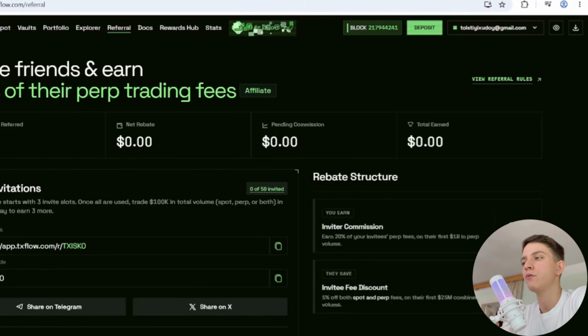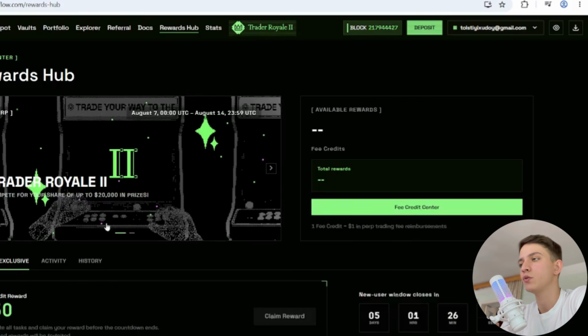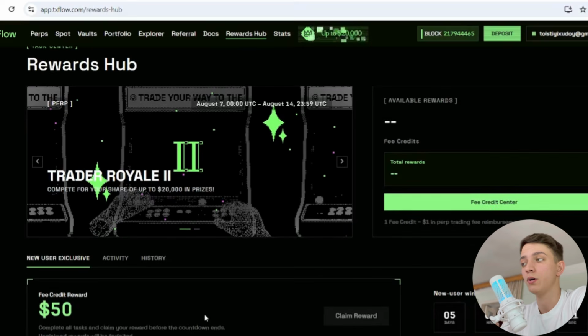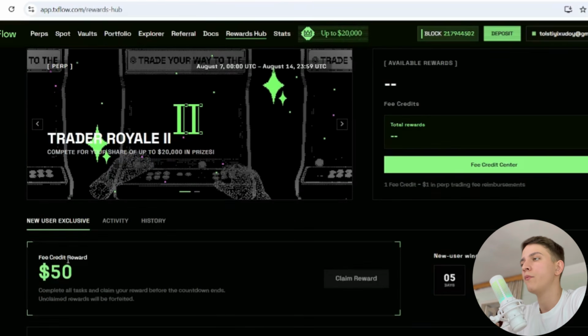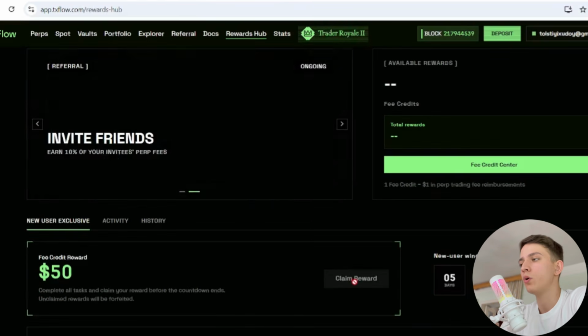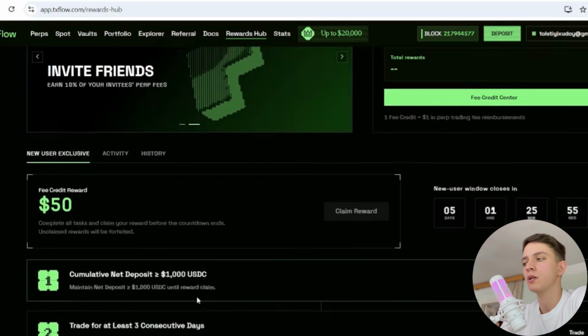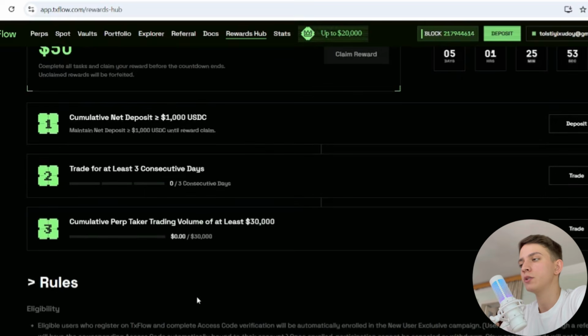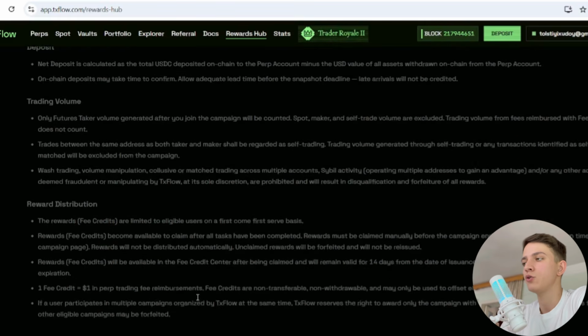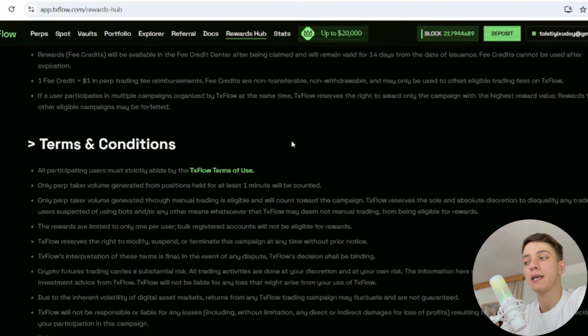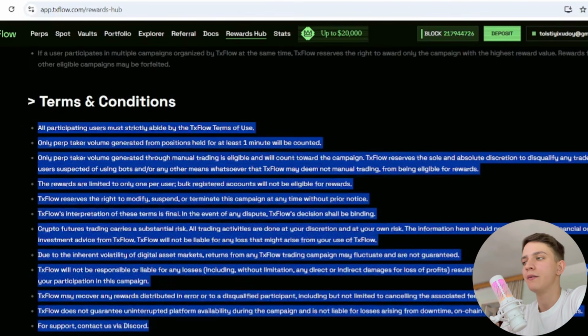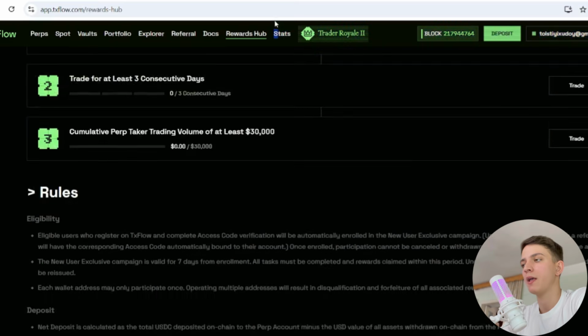TxFlow automatically creates a blockchain address tied to your email, so you will deposit USDC to this address and click enable trading and sign the gasless transaction in the pop-up. Option B is EVM wallets like MetaMask and so on, and also deposit with email login. Click deposit, copy the address shown in the deposit screen and send USDC from a centralized exchange or wallet to that address via multiple networks, guys.